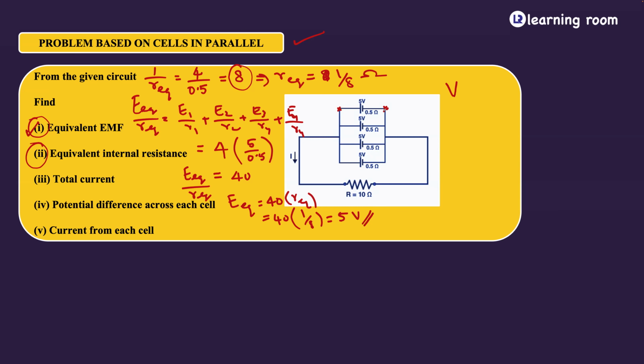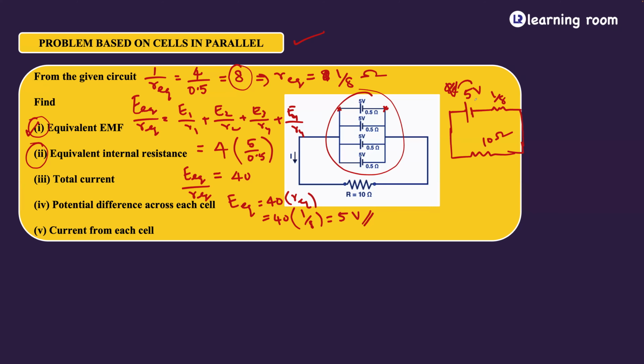So even before that, I'll tell you that you should not take it as 5 by 0.5. Listen to this carefully. This whole system of cells, can I redraw it and write it as a 5 volt battery having an internal resistance of 1 by 8 connected across a resistor of 10 ohm? Did you understand what I did?